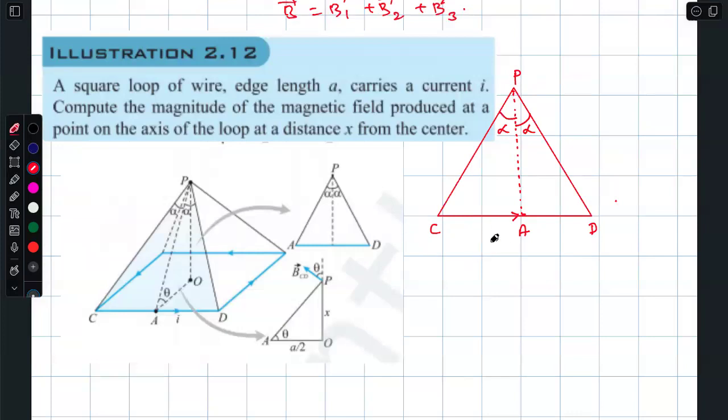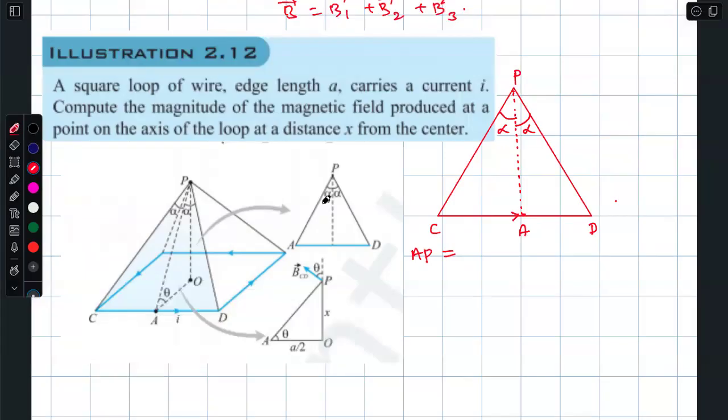Now, what is AP? You said edge of side A. First, you need to take what is x actually.